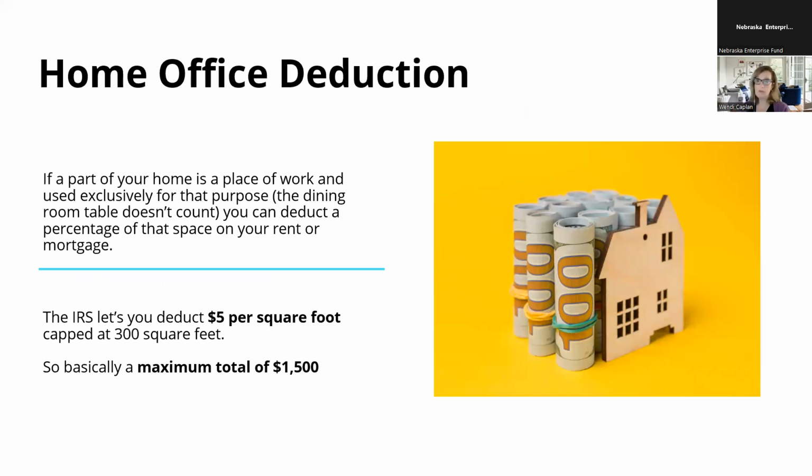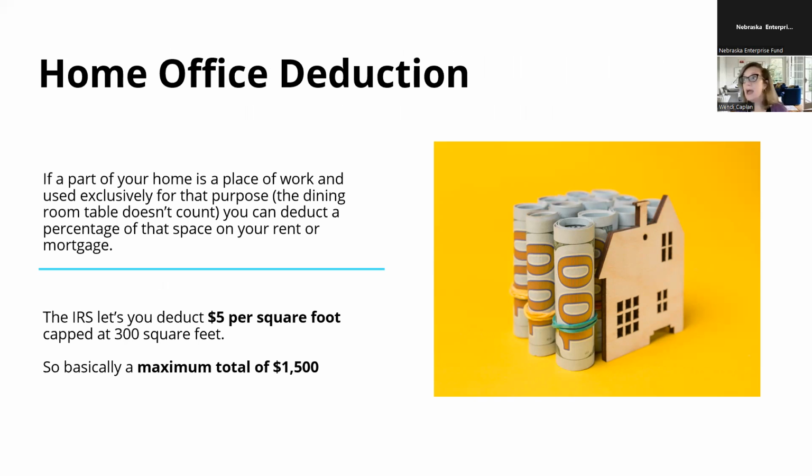Okay, so home office. Many of us are working from home. The picture behind me is my dream home. That's a Zoom screen, but I am working from home, in a space that is exclusive for my business. So the IRS says you are able to write off that space based on square footage as part of a business expense.